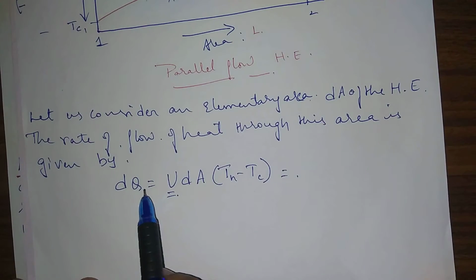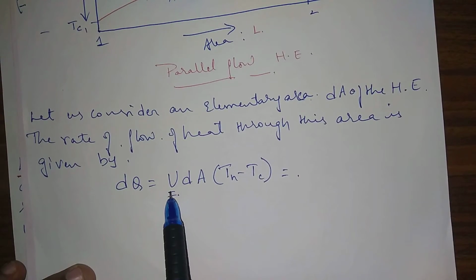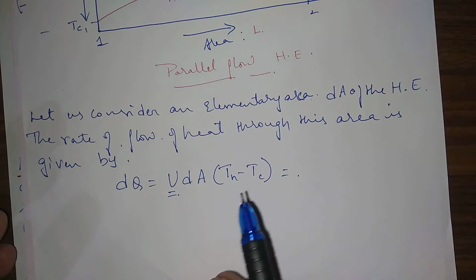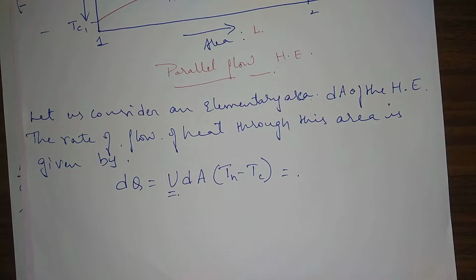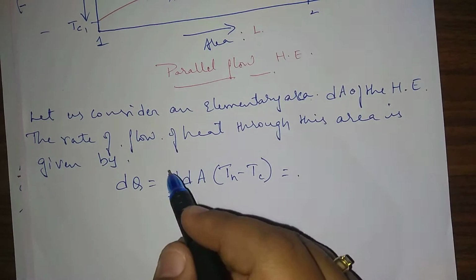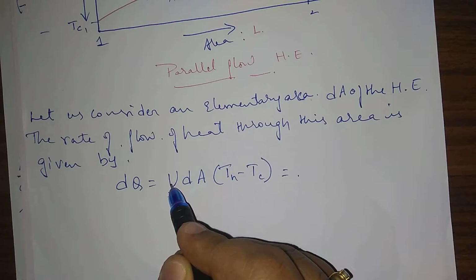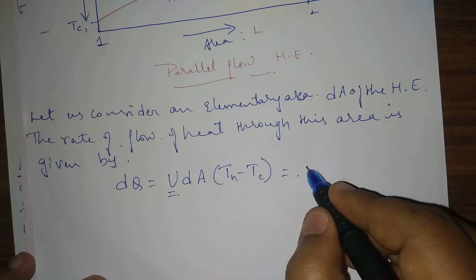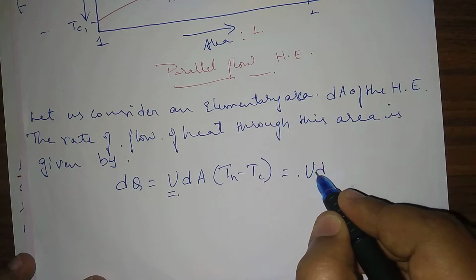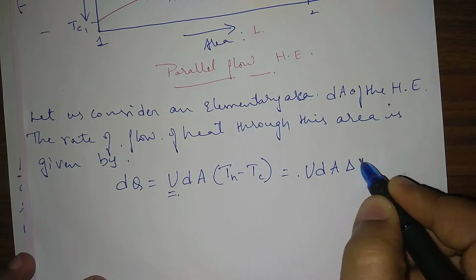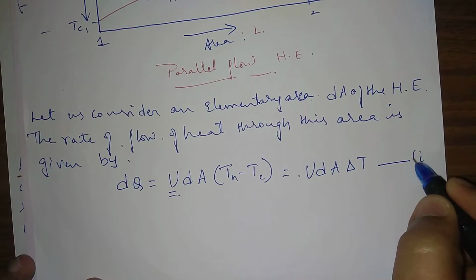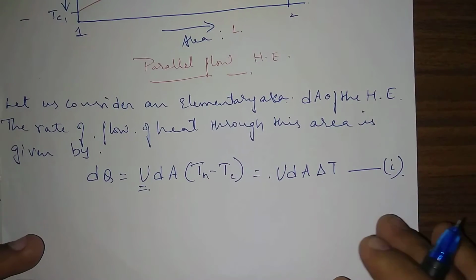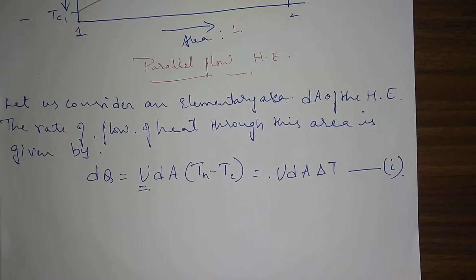The same is happening in a heat exchanger, so we need to consider U. Along with the convective resistance, you also have the fouling resistance, which should be considered while calculating U. So dq is U dA delta T. Let us call this equation 1. Please mark this equation, the numbers are very much required.